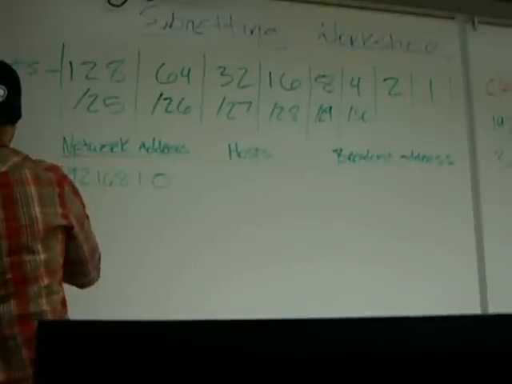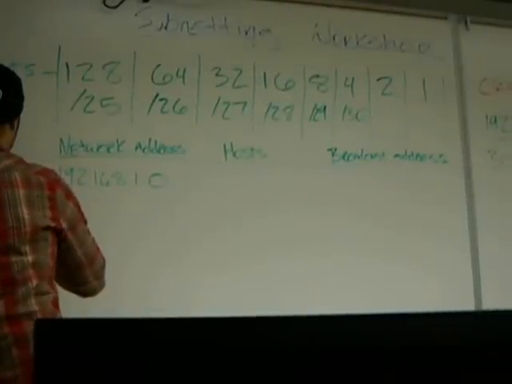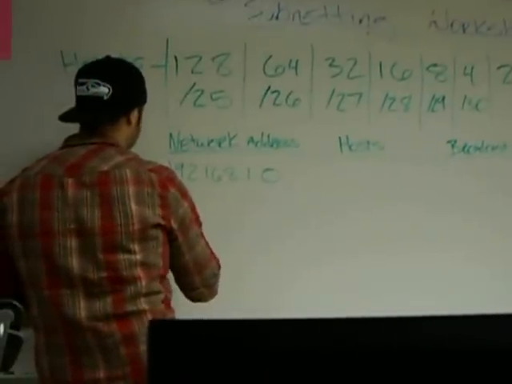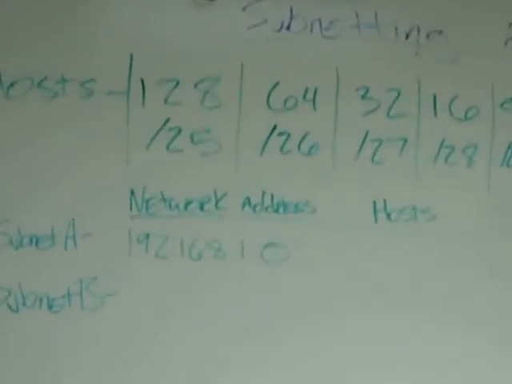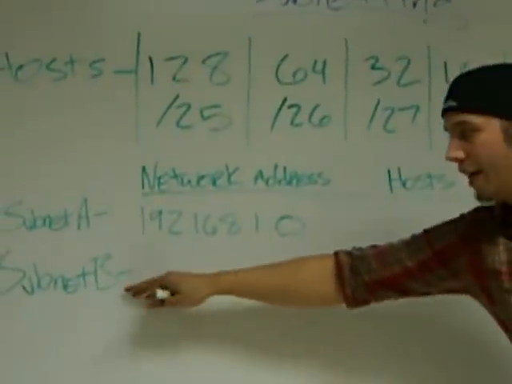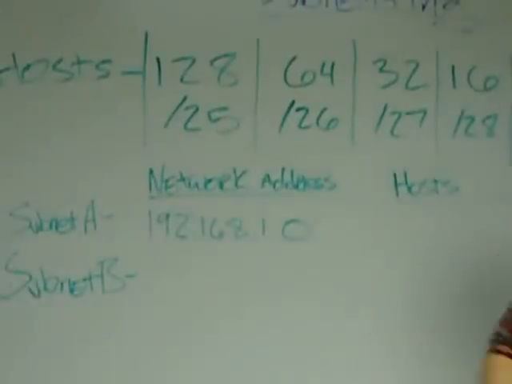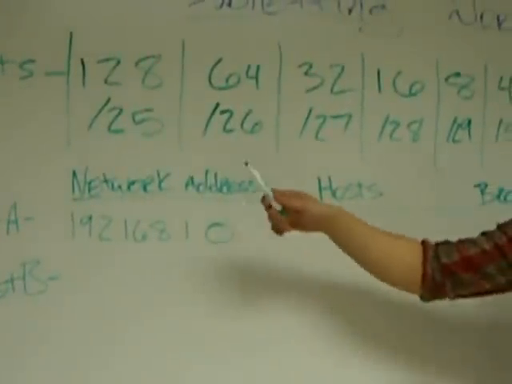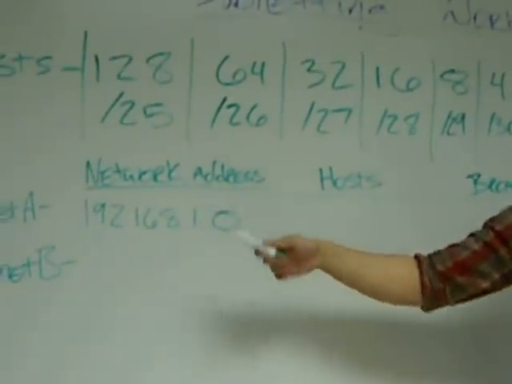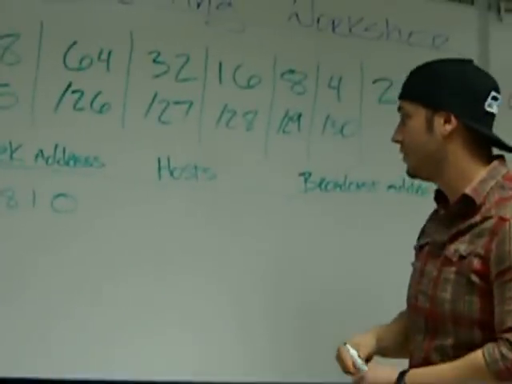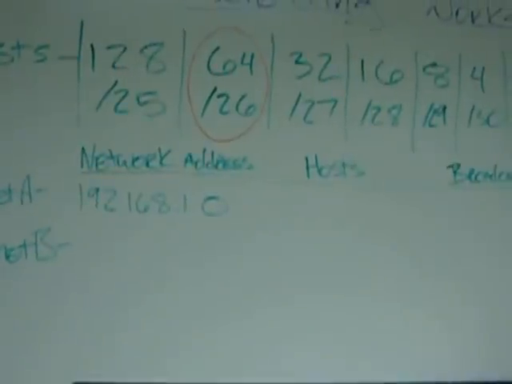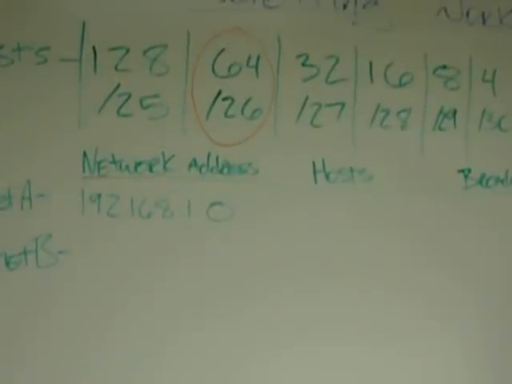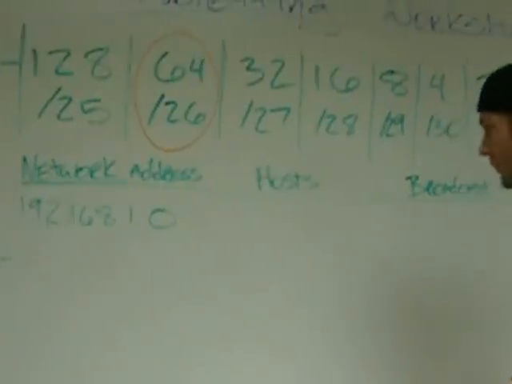Let's go ahead and just jump to subnet B. This is where the algorithm key is going to come to play. To be able to quickly find what the next network address is going to be, all you have to do is be like, okay, so this requires 50 hosts, and like you guys said, we're going to be looking at that one for that network address. And what you do is you see, okay, there's 64 on there.